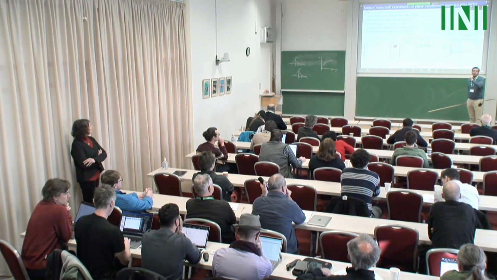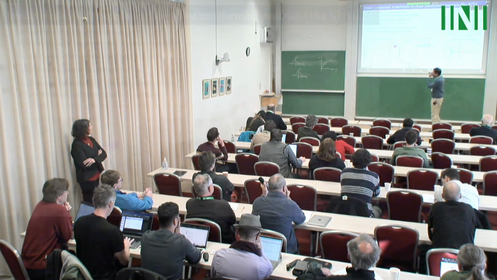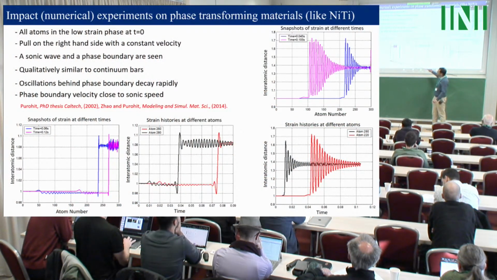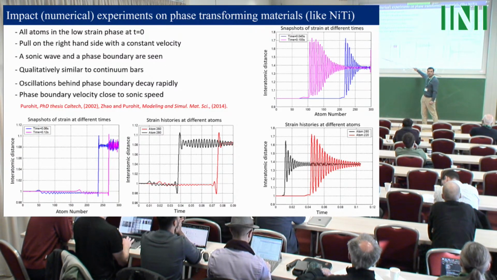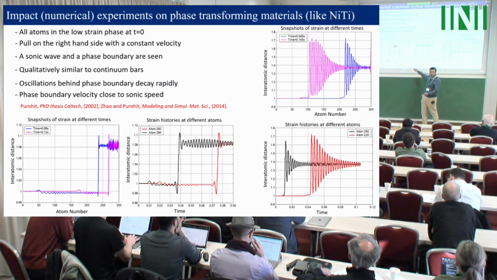Let me tell you now, since you have asked a question about kinetic relations, if you perform a calculation of the type that I did here, you don't have to specify a kinetic relation in the discrete system, and you will get propagation of these phase transition fronts through the chain of masses and springs.